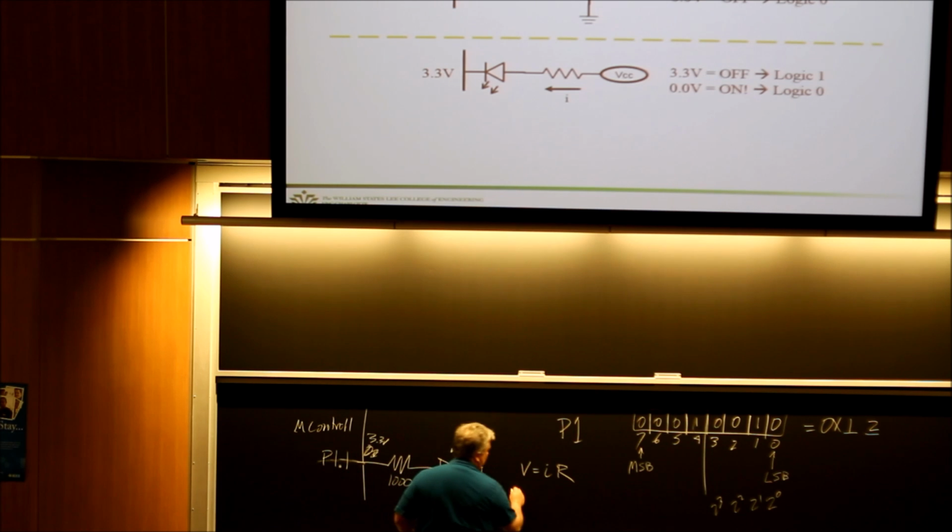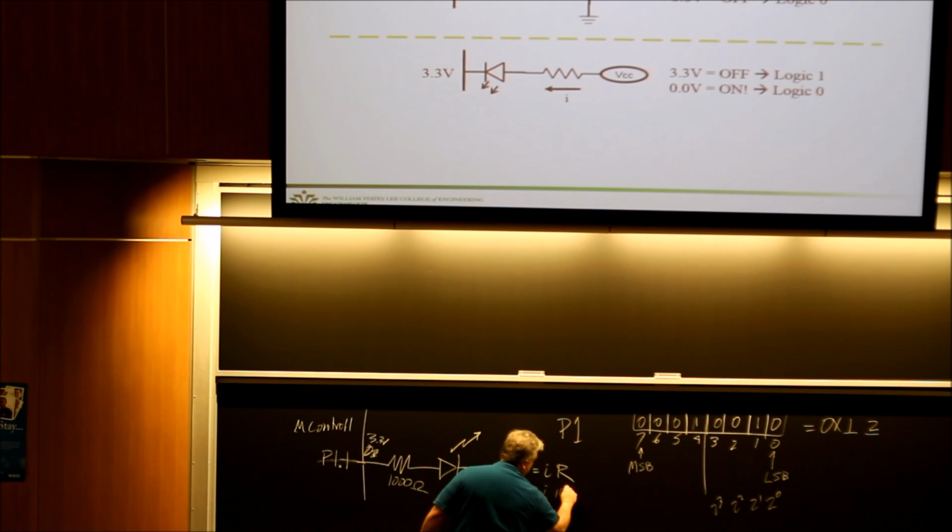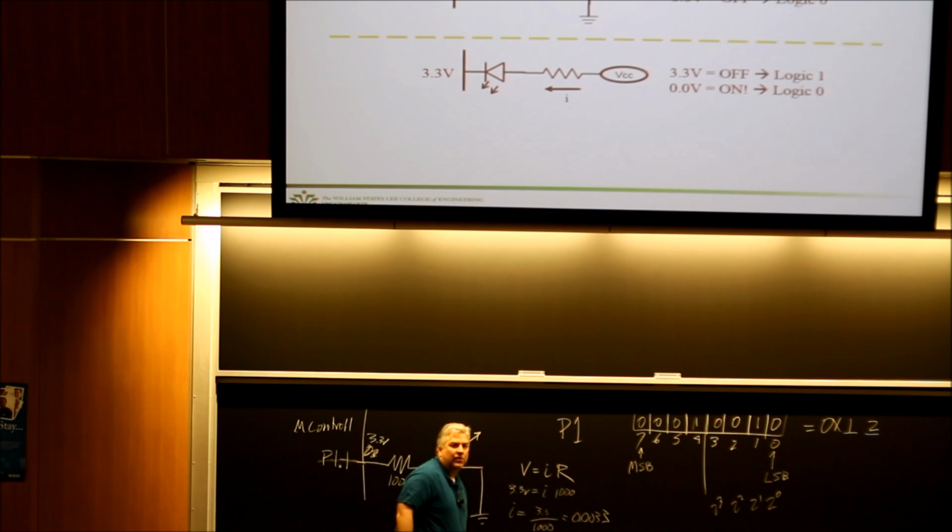So that means what? 3.3 volts is equal to I times 1,000. So I is equal to 3.3 over 1,000, which is equal to 0.0033, which we would call 3.3 milliamps. 3, right?